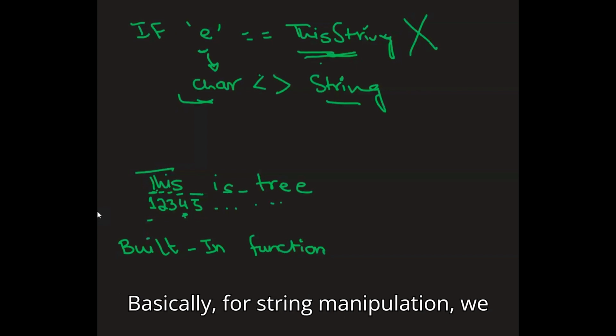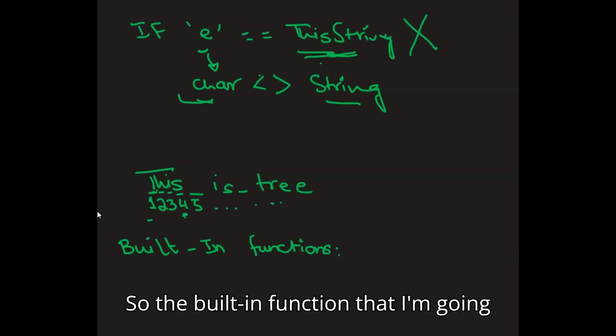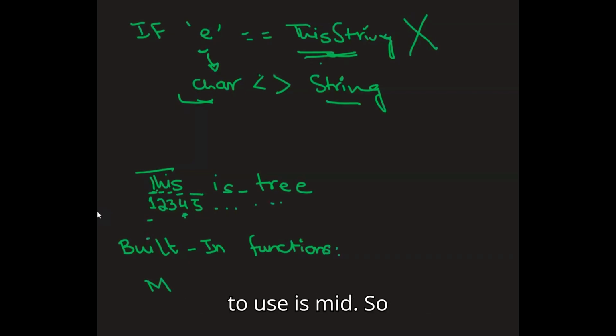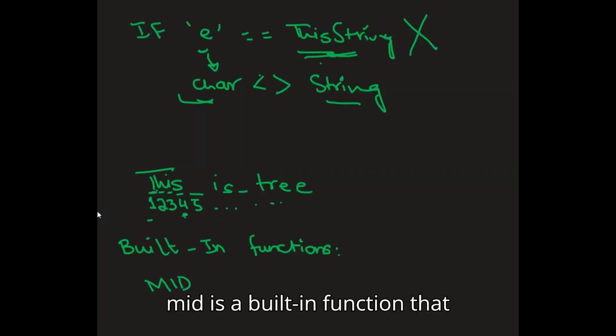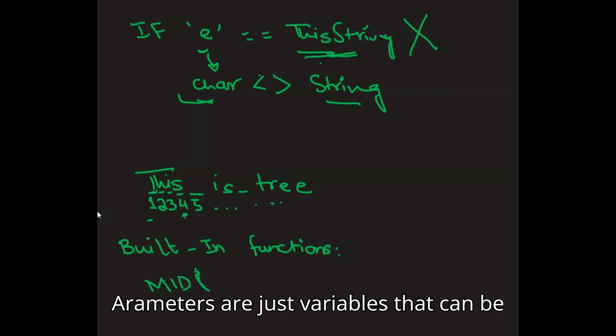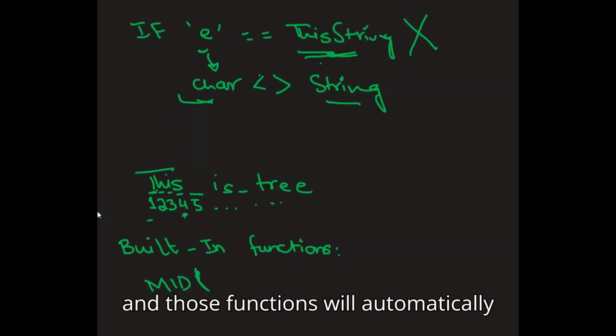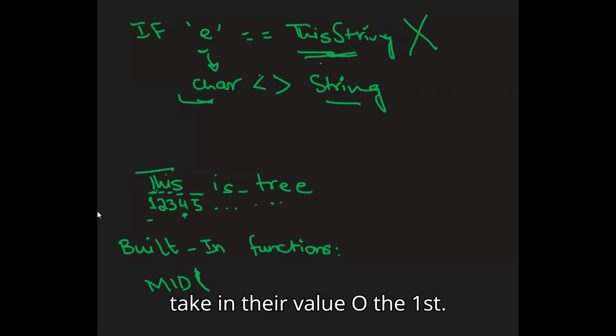So the built-in function that I'm going to use is MID. MID is a built-in function that takes three values as parameters. Parameters are just variables that can be passed through certain functions, and those functions will automatically take in their value.